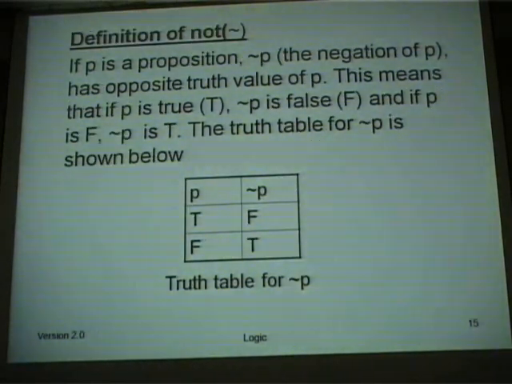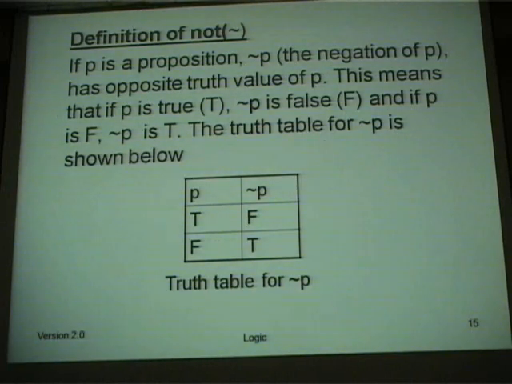So this is the simplest truth table, that is for the negation. The P is any proposition. When you create a truth table, it comprises rows and columns. In the columns you represent the propositions.